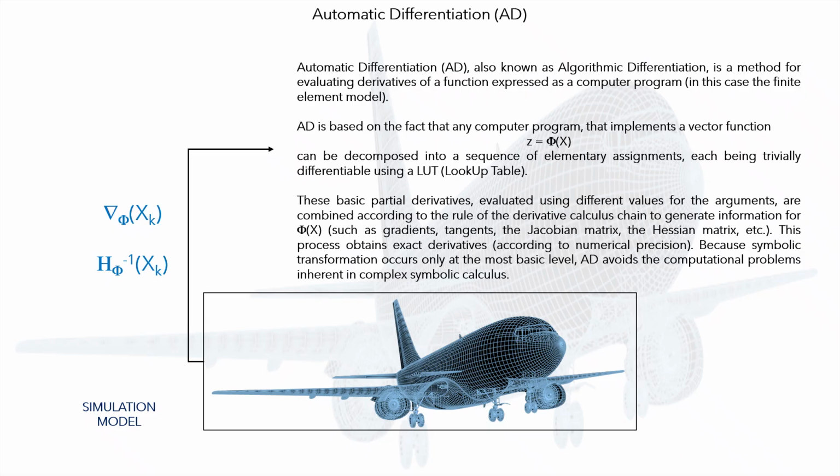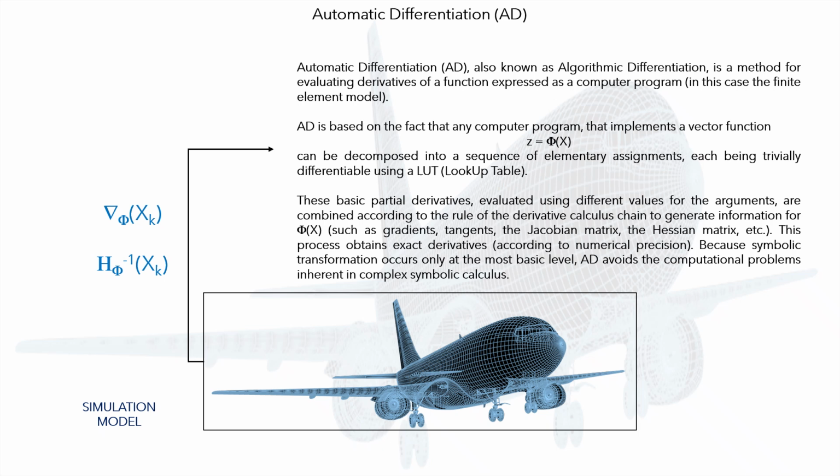AD is based on the fact that any computer program that implements a vector function z = φ(x) can be decomposed into a sequence of elementary assignments, each being trivially differentiable using a LUT, lookup table.